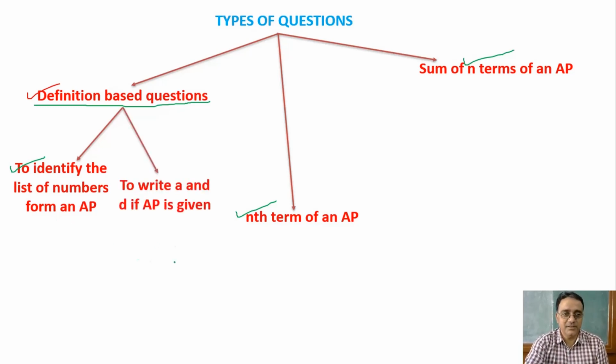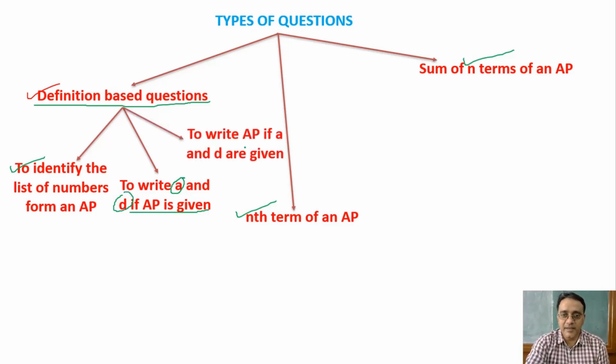The next one, if AP is given, you have to write A and D, that is first term and common difference. And to write AP, if A and D are given, if first term and the common difference is given, then you have to write AP. So these are three different types of questions.